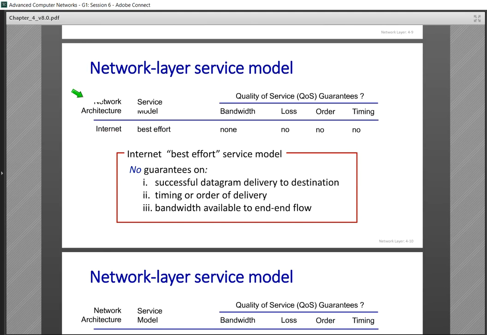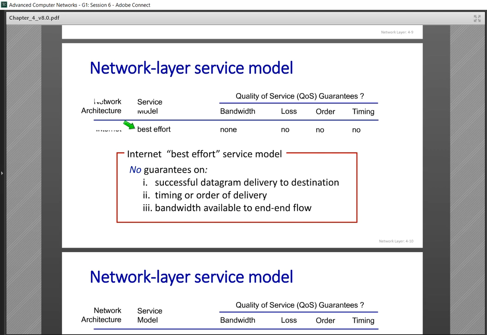Look at this. In today's IP-based network, when we talk about a datagram network or a packet switching network, something like the internet, its service model is best effort.